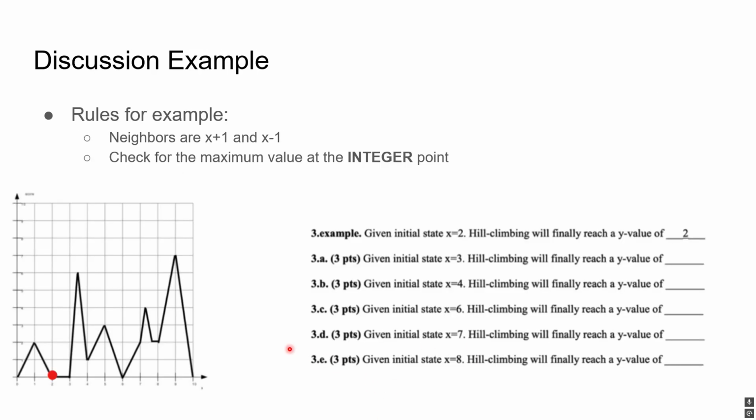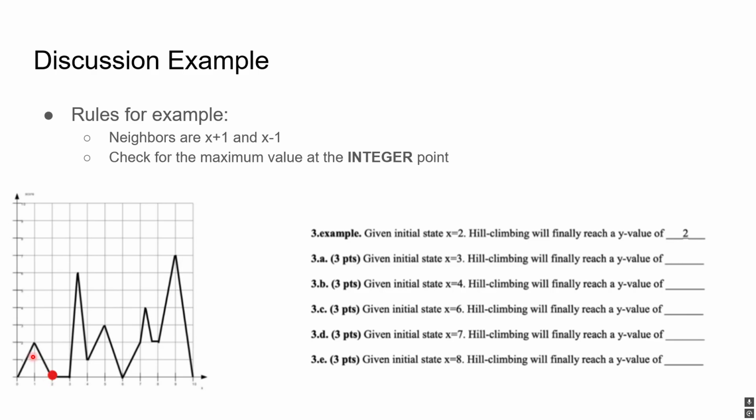So for the example shown in the discussion, the general rules were that the neighbors were defined as x plus 1 and x minus 1, and that you're checking for the maximum value at the integer point. So for the example given an initial state at x is equal to 2, the hill climbing will finally reach a y value of 2, because you're checking both of the neighbors.